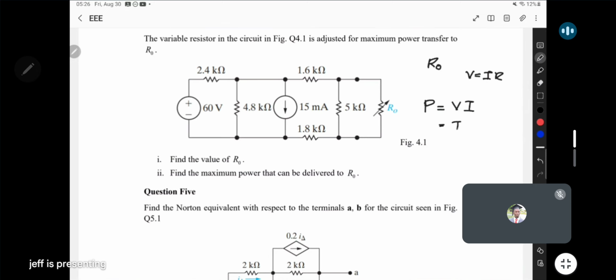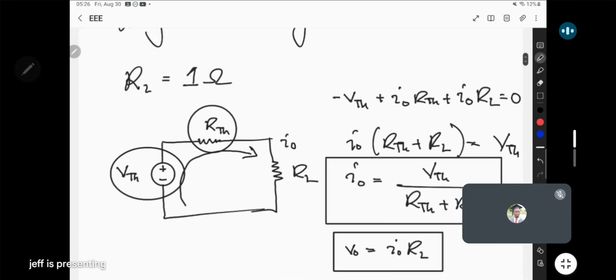And this expression changes to I squared multiplied by R. We already know what R is for maximum power, but what will be the current I? So we must find the current that will pass through the load resistor. Once we get that current, we can use it in this expression to get what the maximum power is going to be. So that is what we now need to do.